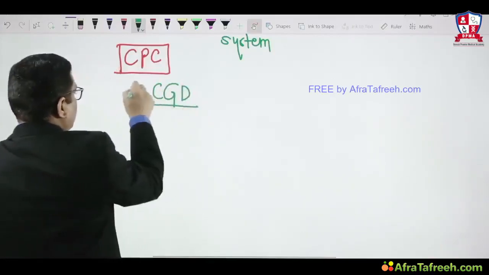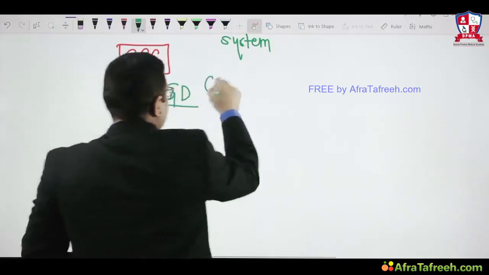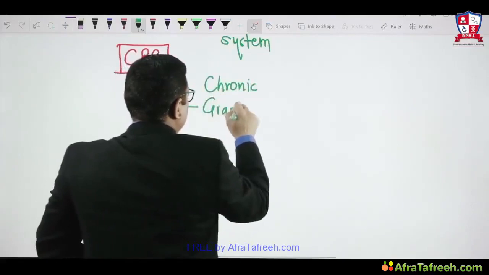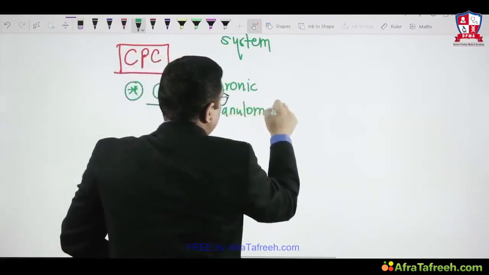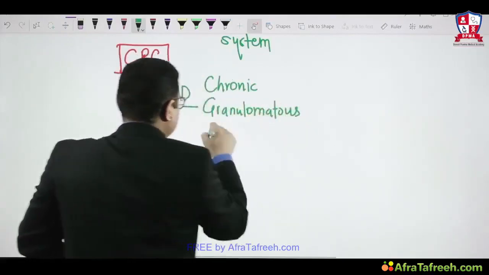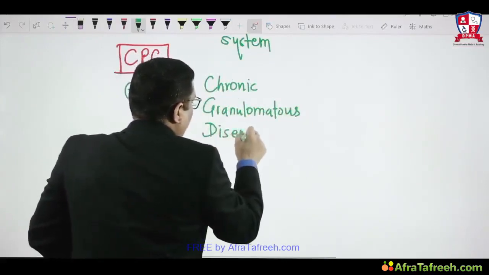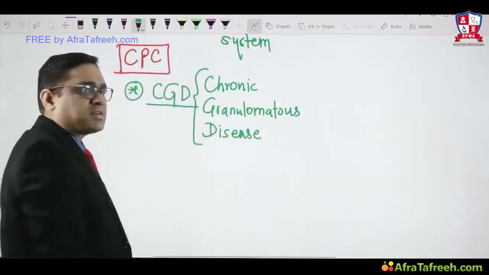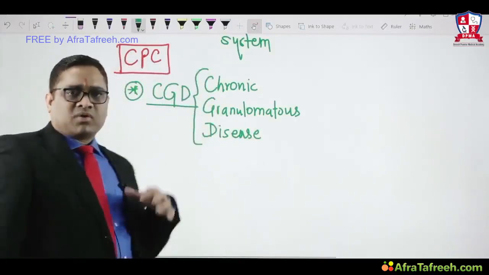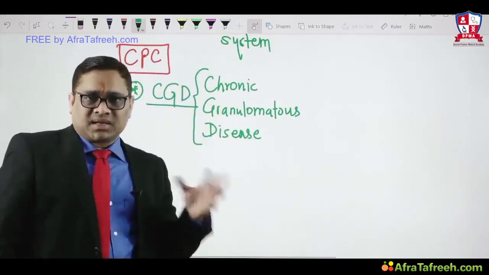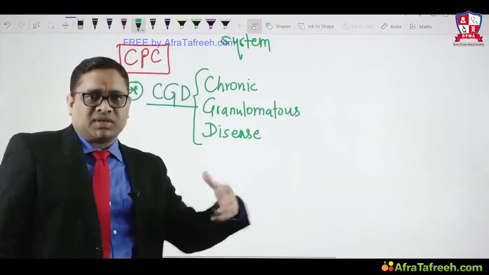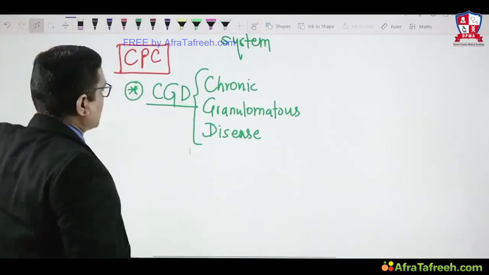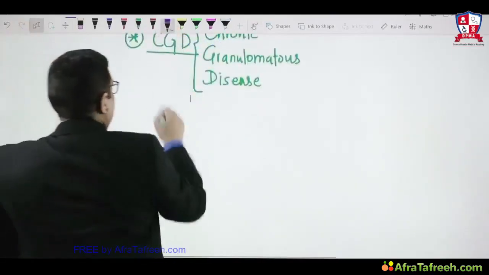This is one example, and here I am writing the full form: chronic granulomatous disease. Chronic granulomatous disease is a hereditary disorder which has both autosomal recessive as well as X-linked recessive patterns of inheritance, which I will discuss later on. As I said, these are hereditary disorders.